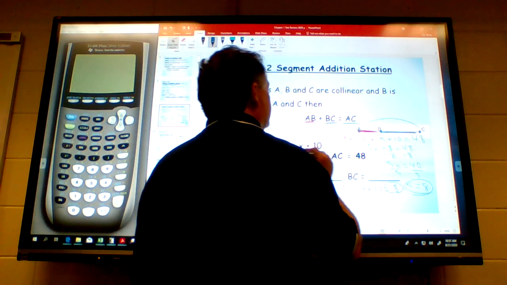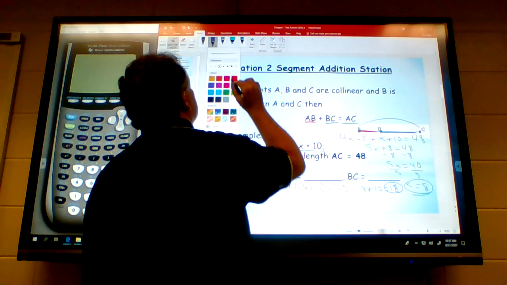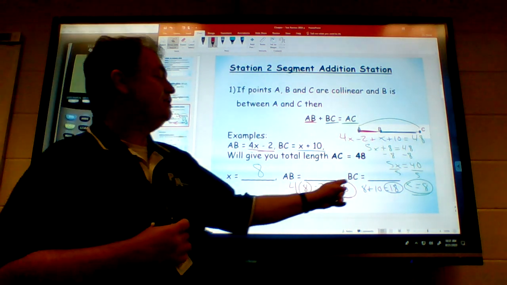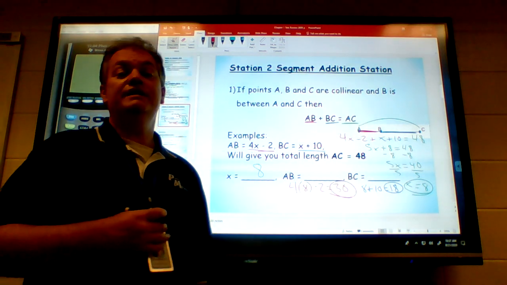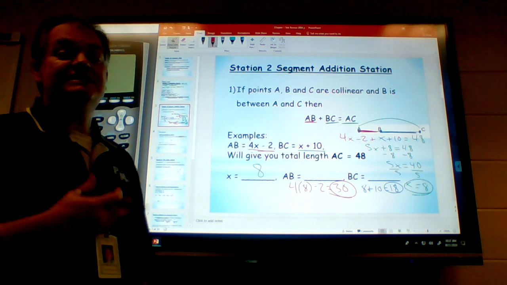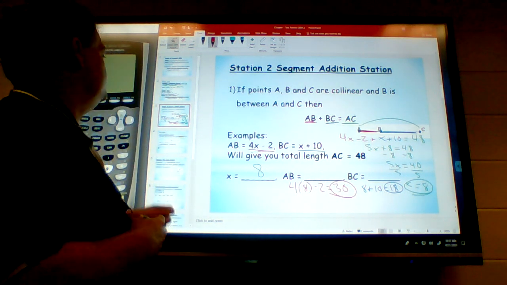So BC is 18, and AB has a value of 30, which when you add 30 and 18 together, you get the 48 that you required for AC. All right, now that's an example of the segment addition postulate.